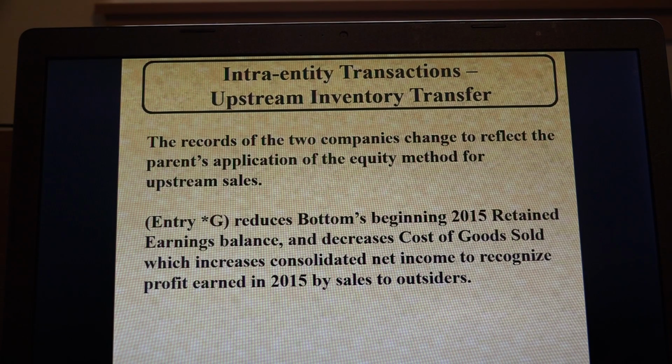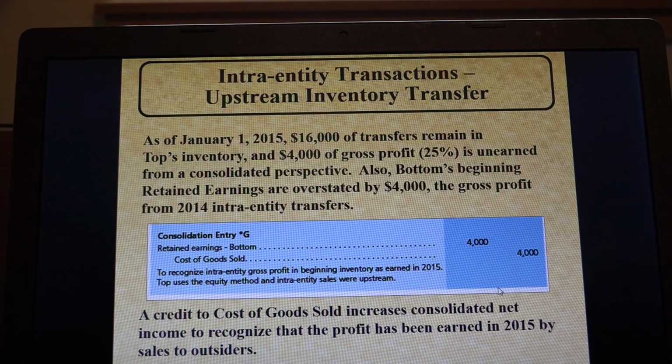Star G is going to reduce Bottom's beginning 2015 retained earnings balance. Remember, when this was a downstream, the debit was to investment in Bottom. Well, here the debit is to 2015 retained earnings of Bottom, and you're going to decrease cost of goods sold by crediting it for $4,000.